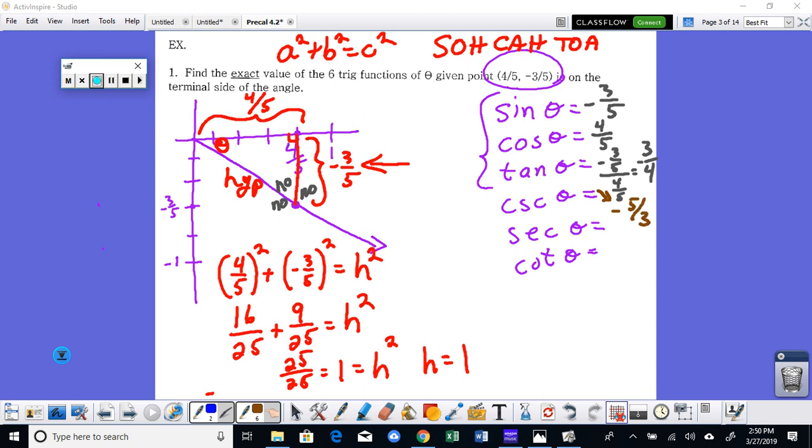Secant goes with cosine. Cosine's 4/5, so secant is 5/4. Cotangent goes with tangent. Tangent's a negative 3/4, so cotangent's a negative 4/3.